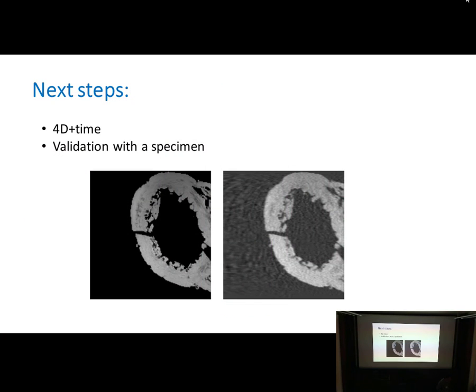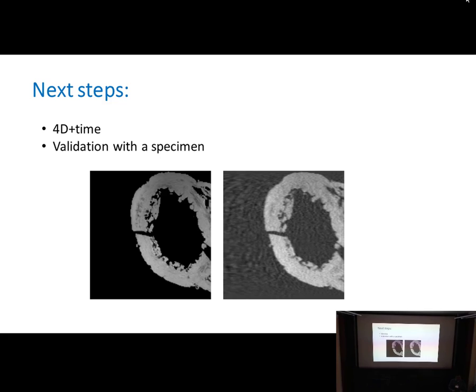And finally, there are a few further questions. First of all, as I said earlier, when the heart is fully relaxed, we have reasonable confidence that we can estimate how the trabeculation looks. But when the heart contracts, we have no idea. So the solution is, we start with a mesh of the relaxed heart.